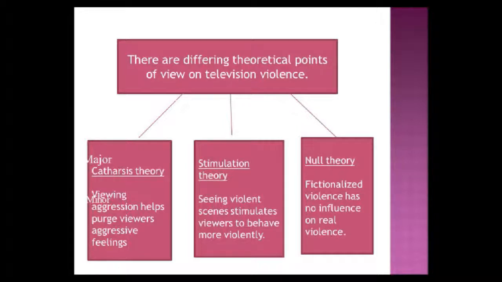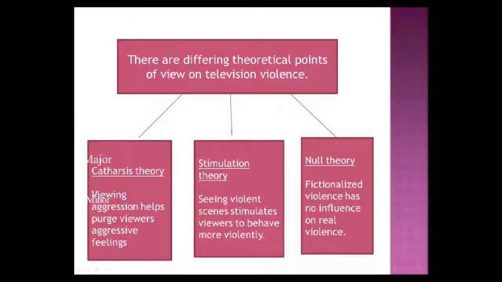Okay? So there are differing theoretical points of view on television violence. That's our main idea sentence. We had 3 differing theoretical points of view. Our first point of view was the catharsis, so that's one of our major details. The second was the stimulation theory. The third was the null theory. And as you can see, we've got more information under here.